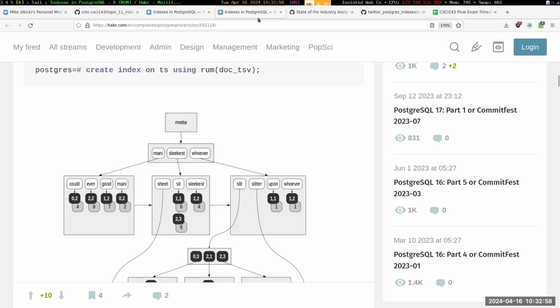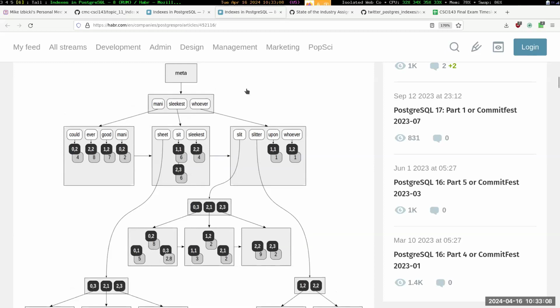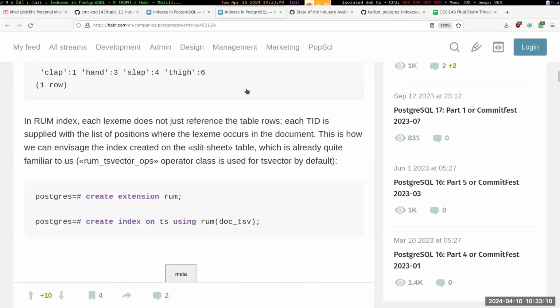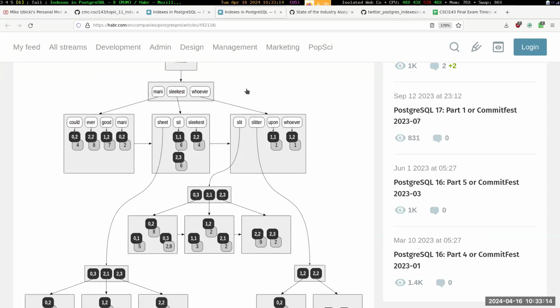I'm on the next documentation about the RUM index now, and there is a picture down here of the RUM index that we will go through. This picture is based on the same data set that we were looking at before, with the same values and same rows being inserted, but now visualized as a RUM index instead of a GIN index.